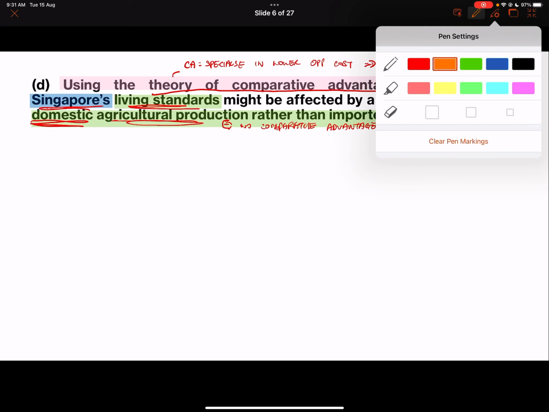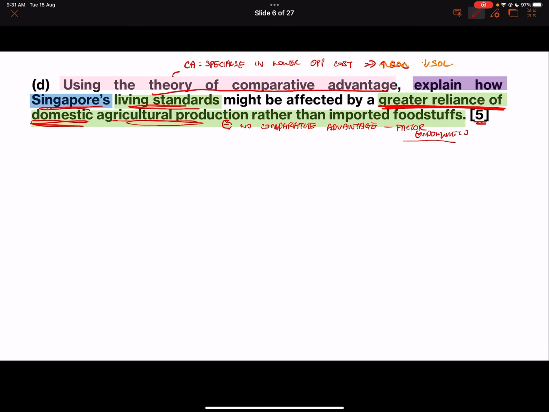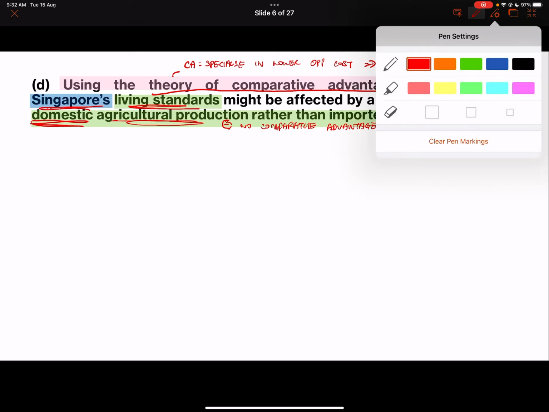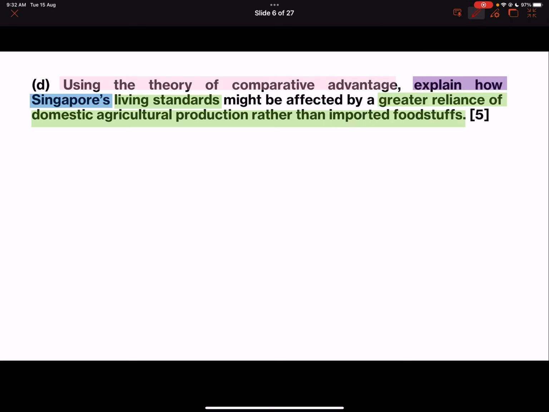So the way we're going to answer the question is we're going to break it down into 2 parts, right? I want to start with what the theory of CA is and how specializing in the good will increase SOL.